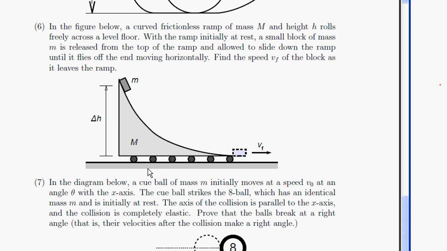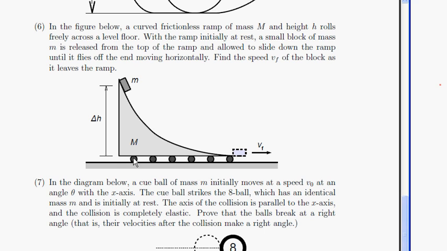The first thing is that momentum in the x direction will be conserved. Well, it's going to be constant. Why is that? If you look at this, there are normal forces acting between these wheels and the ground, holding up the ramp.